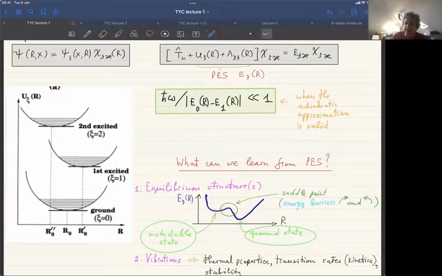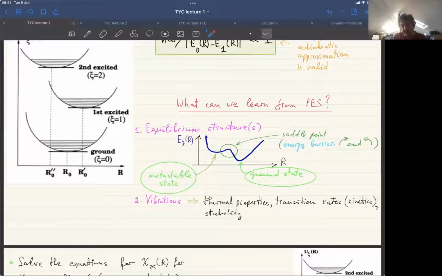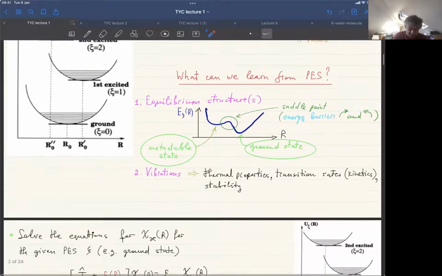And vibrations play an important role in many areas of condensed matter. They determine thermal properties, transition rates. Again, I will show you this, and determine stability of the system at different positions.